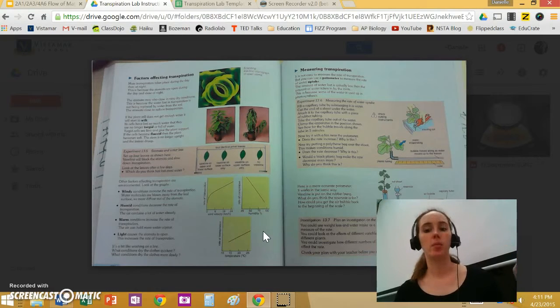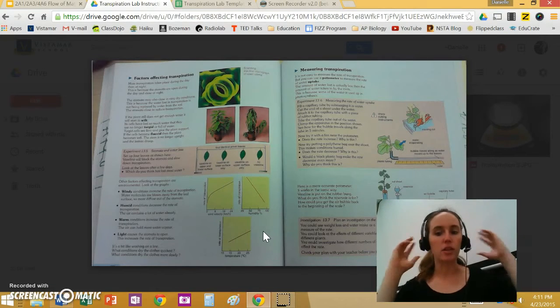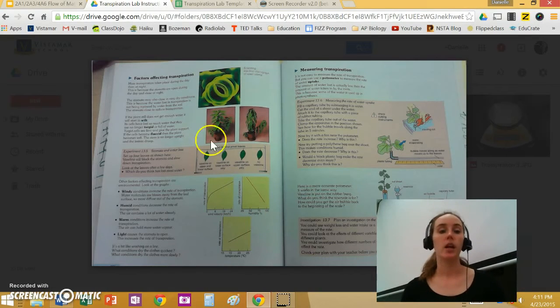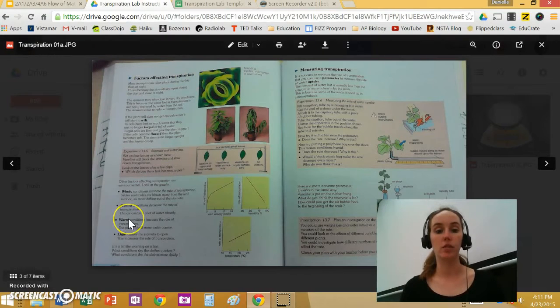So they can be thinking back, oh yeah, they had little leaves so they didn't lose water. Well, losing water from your leaves is transpiration. And so their job is to figure out what are some of these factors that affect transpiration themselves.